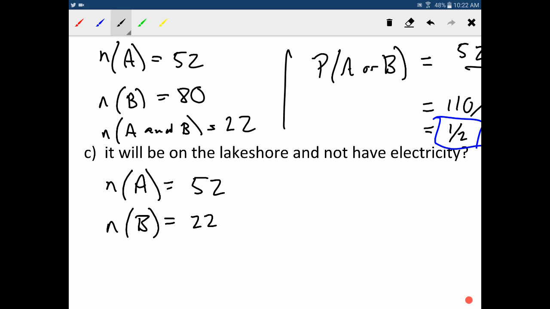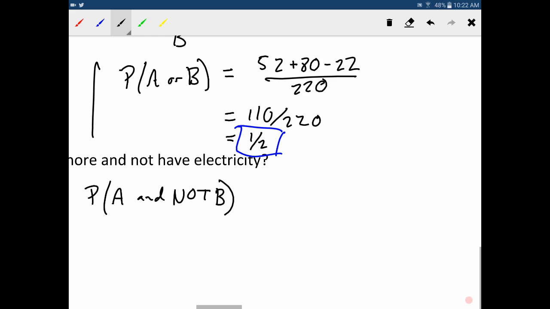So these are the ones that are lakeshore and have electricity. And this one's a little different. We're going to say, what's the probability of A and not B?